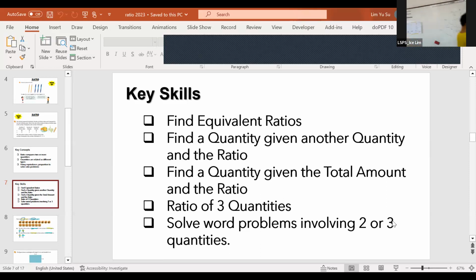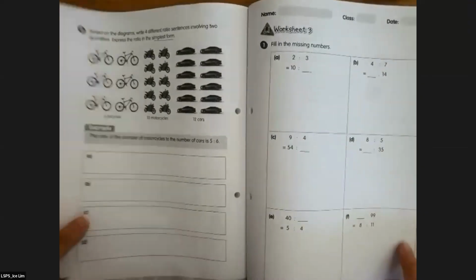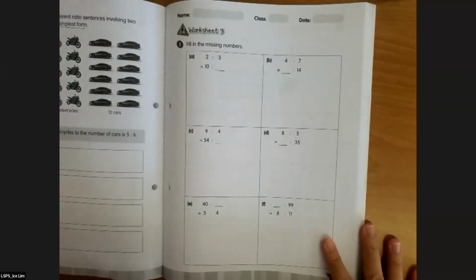Okay, once again, worksheet, let's write our names, and we are looking at this one here.